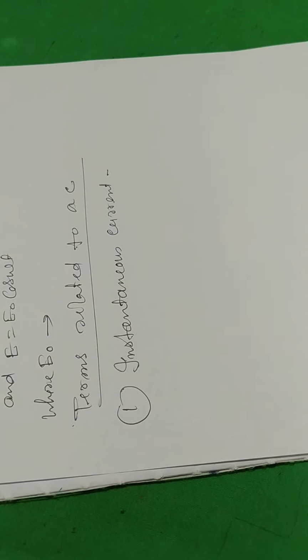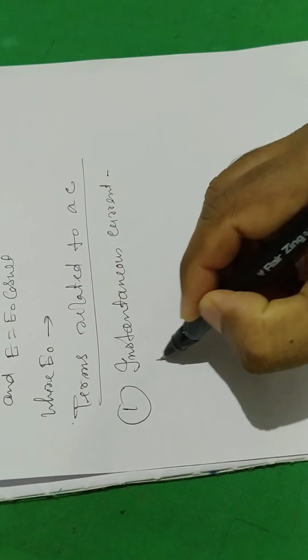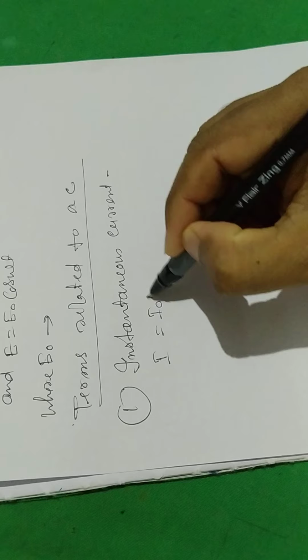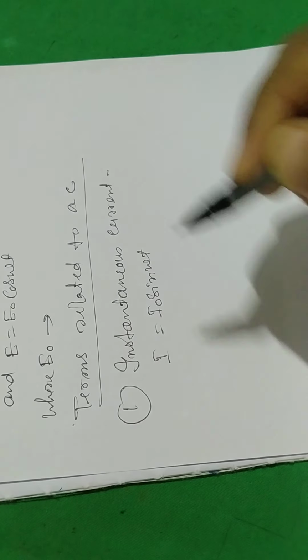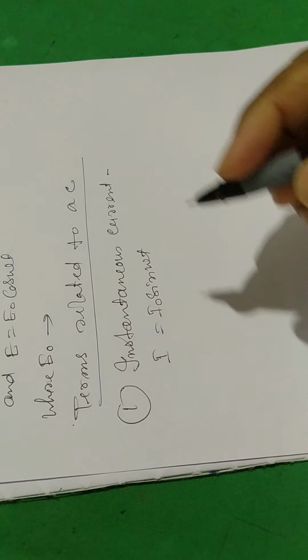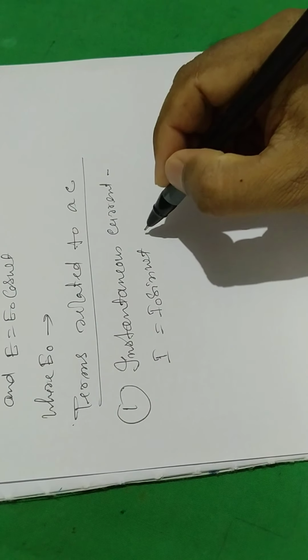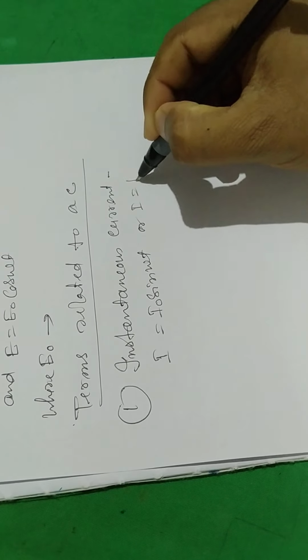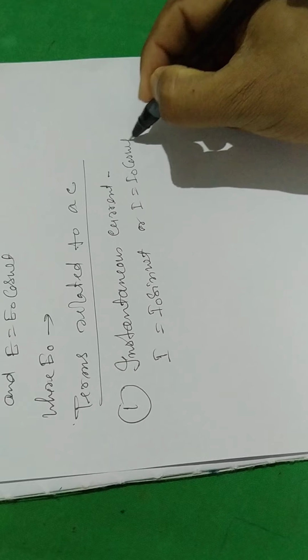The magnitude of the varying current at any instant is called instantaneous current. It is given by I equal to I naught sine of omega t, or I equal to I naught cos omega t.